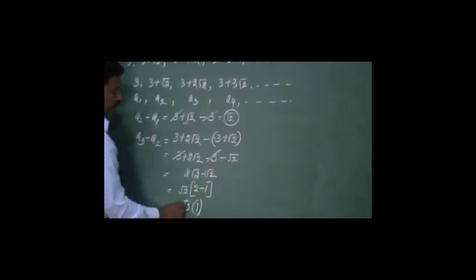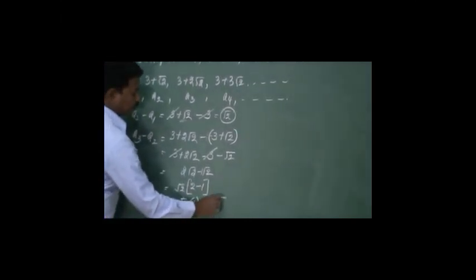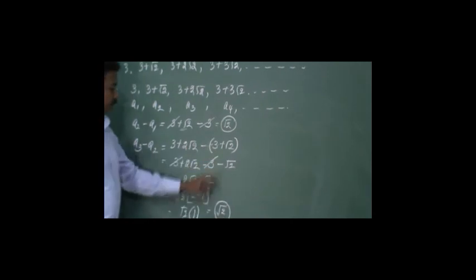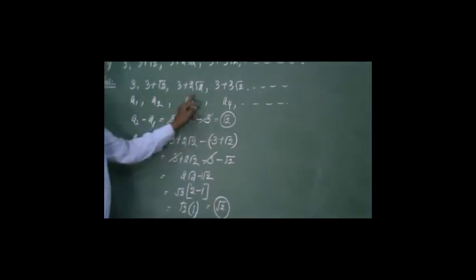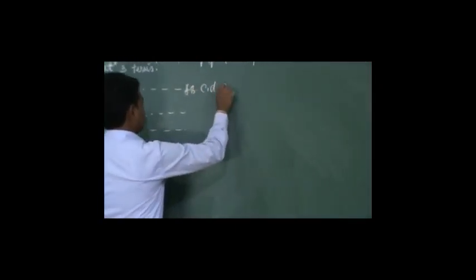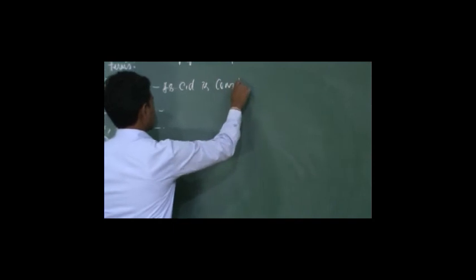So take root 2 as common. So we get 2 minus 1 here, because the coefficient of root 2 is 1. So root 2 into 2 minus 1 is 1. So root 2 into 1 is root 2. So here we can check the common difference is constant. As the common difference is constant, the given sequence is an AP. We will announce it first. As common difference is constant.